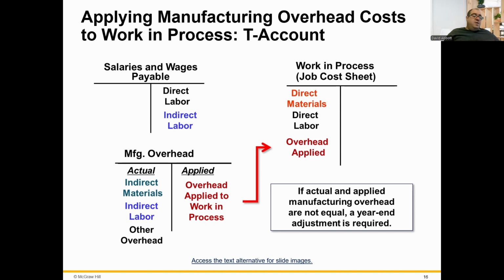The purpose of the clearing account is to find any discrepancy that exists between the amount of overhead that was applied to inventory and the amount of overhead that was actually incurred. Actual overhead incurred is debited to the account. Overhead applied to inventory using the predetermined rate is credited to the account.